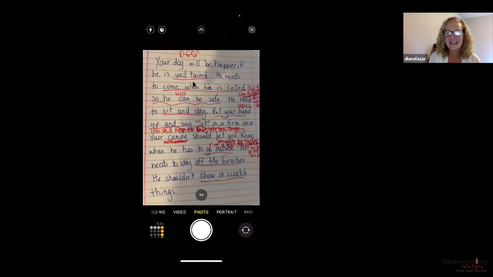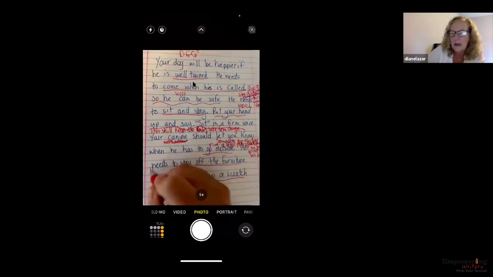Yeah, that's it. Have a space, have his bed, a nice soft bed, right? And of course, every dog just wants to be with his or her people. And so that bed being nearby, that's important, isn't it? He needs to stay off the furniture.